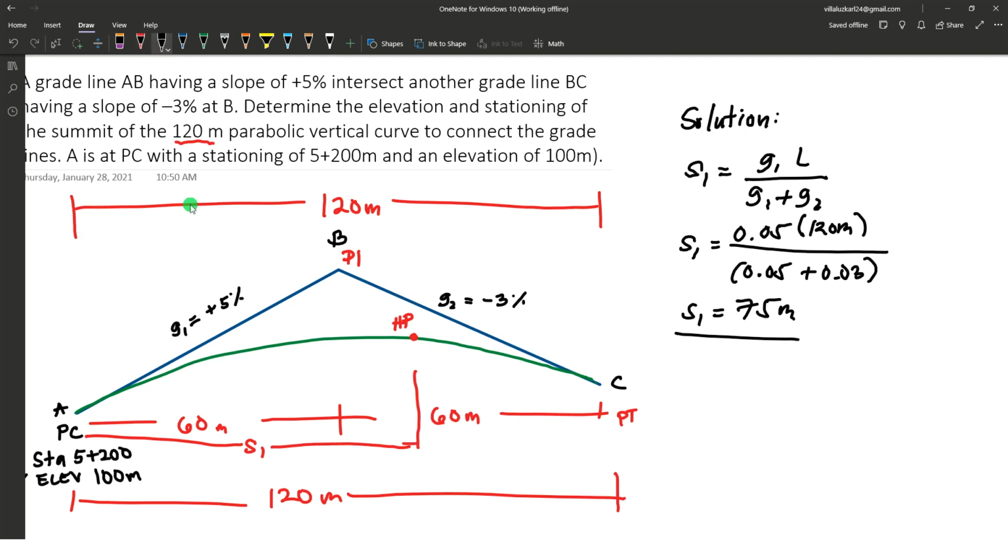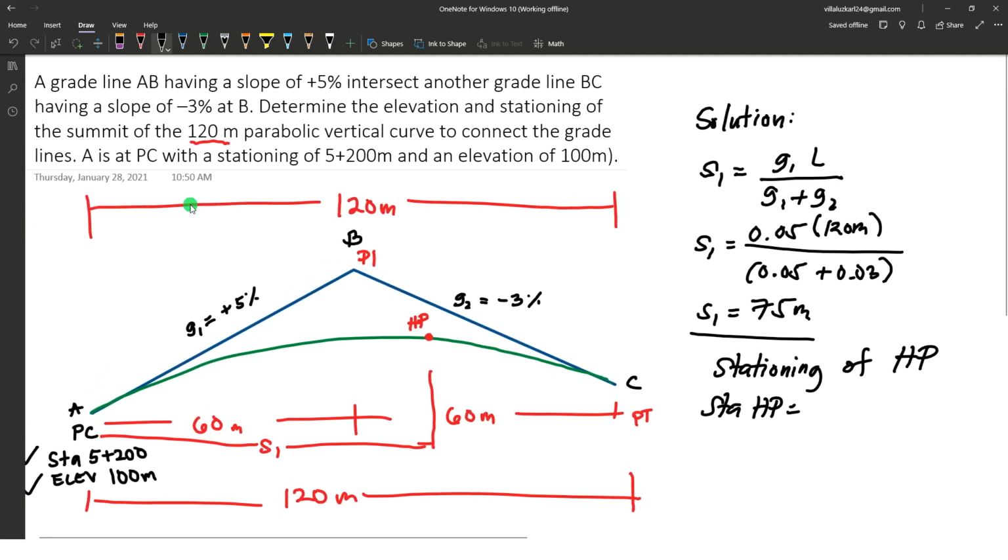From that, we can now determine the stationing of the highest point. For the stationing of the highest point, we will just use the horizontal distances. We need not use the distance along the curve. We need only the horizontal distance S1.